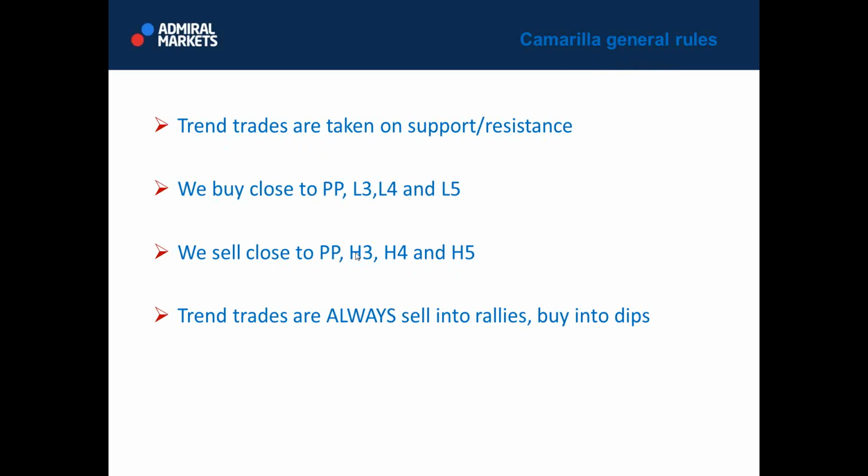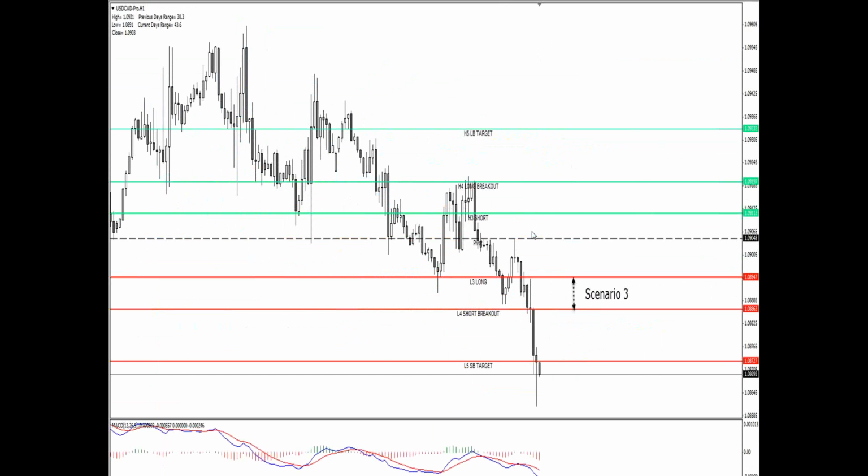We sell close to pivot point H3, H4, targeting H5. Trend trades are always sell into rallies, buy into dips. So, I will go through these scenarios once more before I proceed to the next slide. So pay attention again.